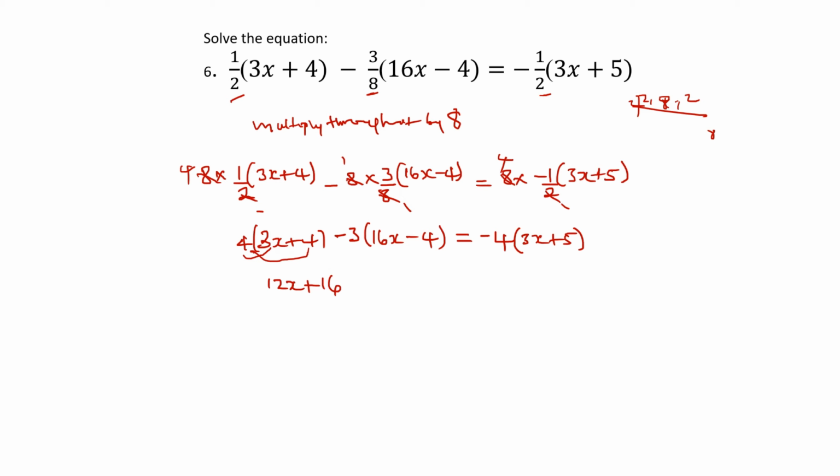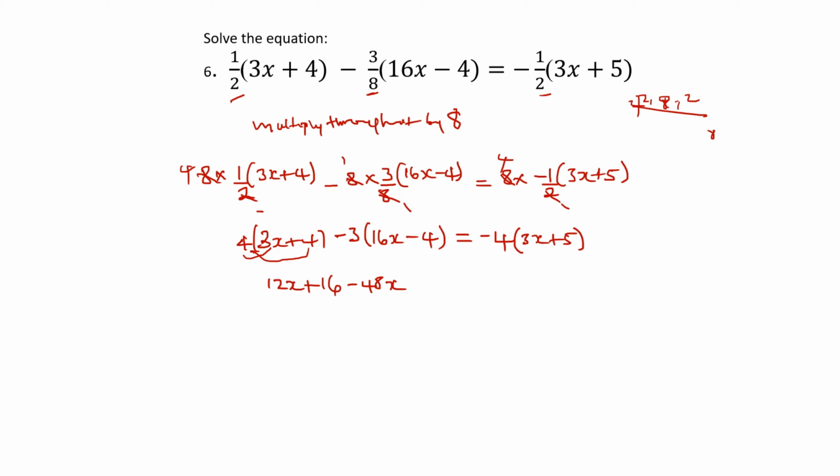Take again -3 multiplied by +16x. Negative times positive is negative. Minus 3 times 16 is minus 48, so -48x. -3 multiplied by -4.